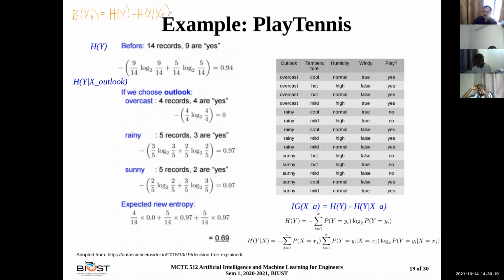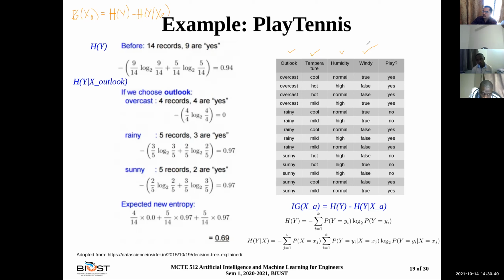That means we are going to go through all the information gain for outlook, temperature, humidity, and wind, and see which one has the highest information gain. Then we choose that as our first node. You understand?